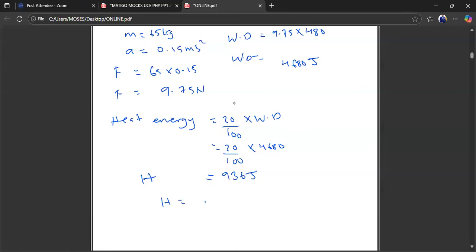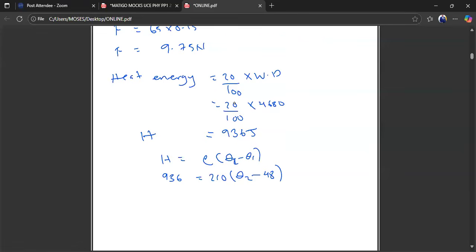Remember, our H is equal to C times theta 2 minus theta 1. So 936 is going to equal our C, 210, times theta 2, the final temperature after the braking, minus theta 1, which is 48. We shall have 936 divided by 210, and I'm getting 4.46, which is equal to theta 2 minus 48.